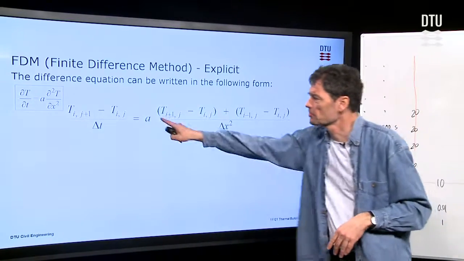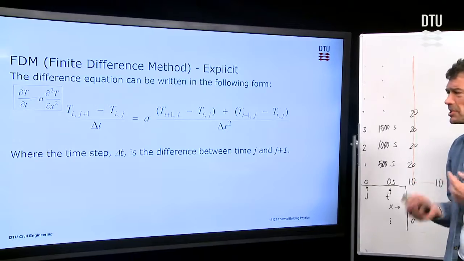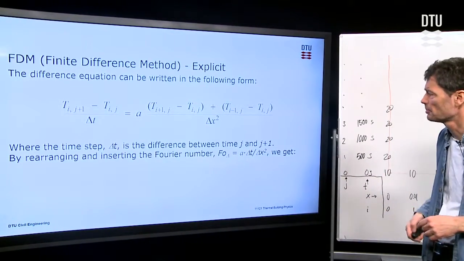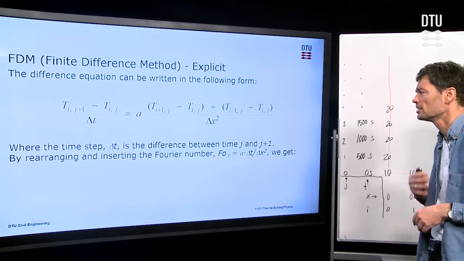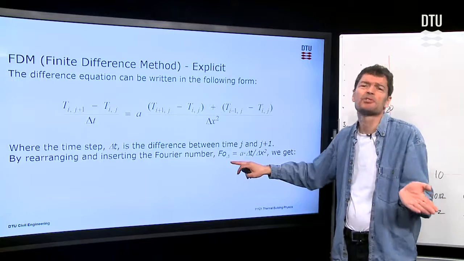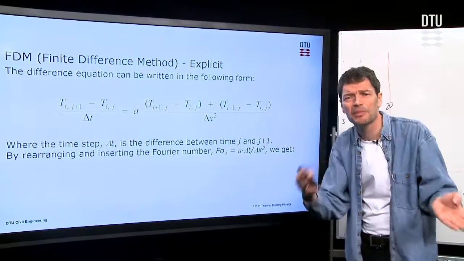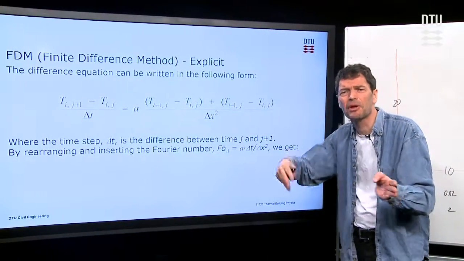This we can do because we have the thermal diffusivity in front of it as our material property. The time step we have talked about already, but in this equation we'll use the time step also in another form, like we've talked previously in the course about Fourier representation of time. That's dimensionless time, but here we use it as a Fourier delta.